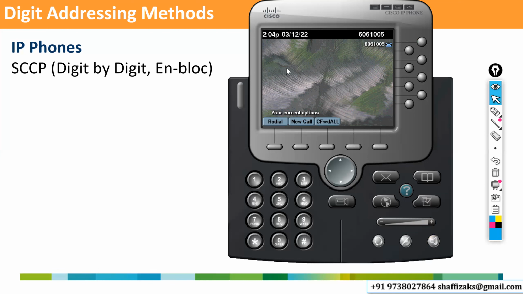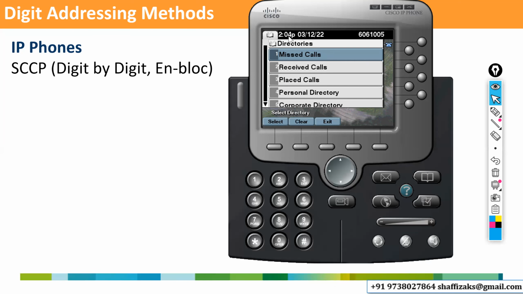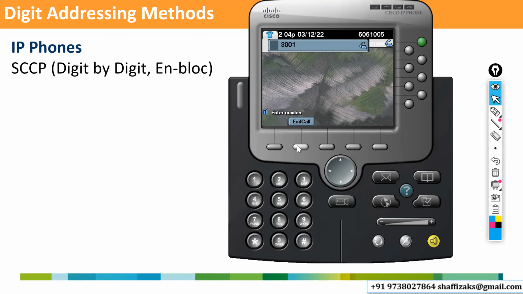One thing. Then there is another option. If you go to the directory, here you already have missed calls, received calls, placed calls, right? From here, 3001 something we have. From here again, if I use the dial soft key, it goes as an N block. Got it?